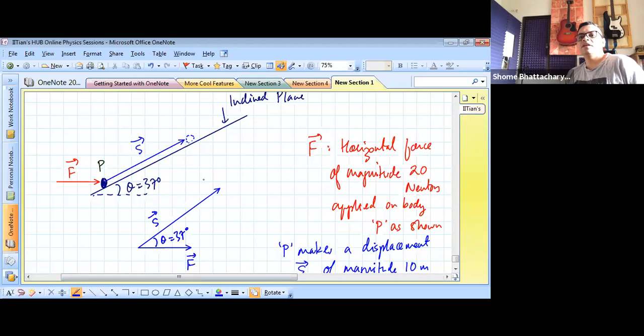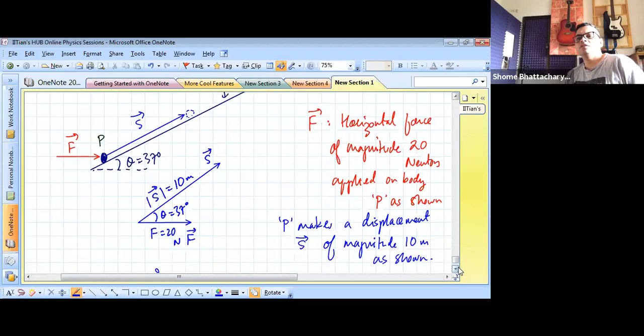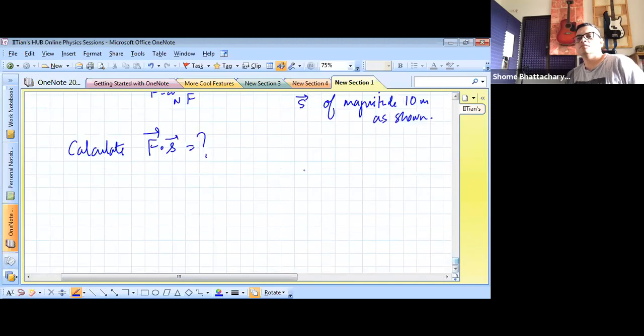In fact, the displacement is a vector which has a magnitude of 10 meters, and the force has a magnitude of 20 newtons. So now our dot product will simply come from the formula: magnitude of force multiplied by magnitude of displacement multiplied by cosine of the angle between them.